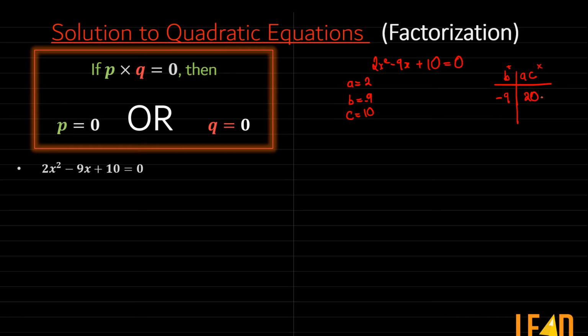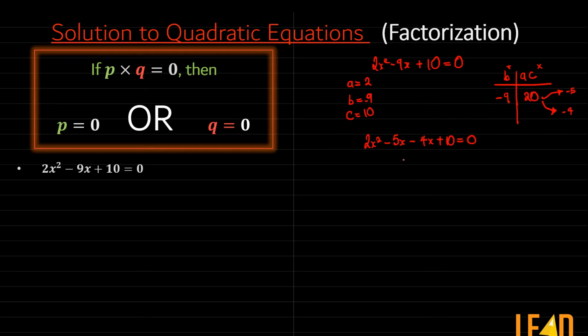You can pause and think about it for a bit, but I will just hurry through it. The factors of 20 that will do that obviously are 5 and 4, right? But then how do we place the signs? It has to be minus 5 minus 4. So when you find the numbers, you now need to work around the signs. Am I going to put plus, minus, minus, minus to be able to get the desired solution? So it's minus, minus. So we use this to substitute negative 9 there. We'd have 2x squared minus 5x minus 4x plus 10 is equal to 0.